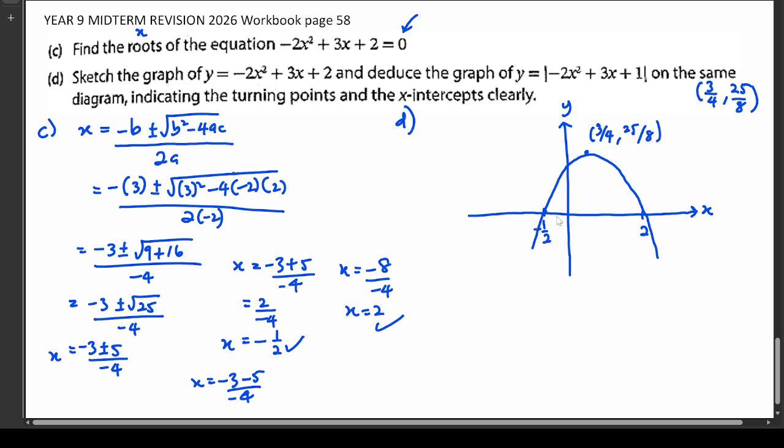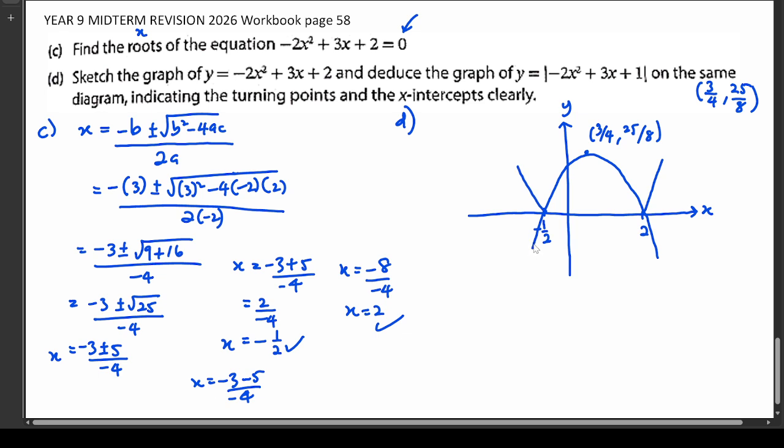So the negative region is the region below the x-axis. So basically you flip it over, right? You can call it mirroring, or a reflection. Okay, so you reflect the negative region like this.